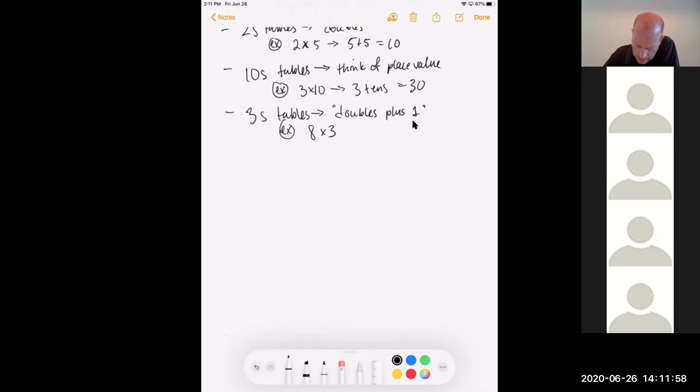Okay. 8 times 3. So I'm going to double 8. Okay. I'm going to add on another 8 to that. We call it plus 1. It's plus 1 group of 8, another group of 8. Okay. So that's how the doubles plus 1 works.